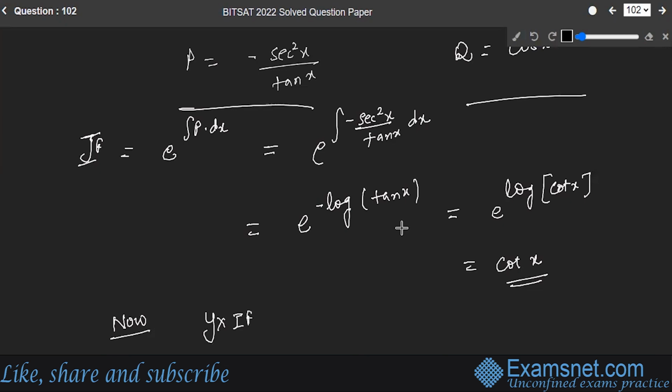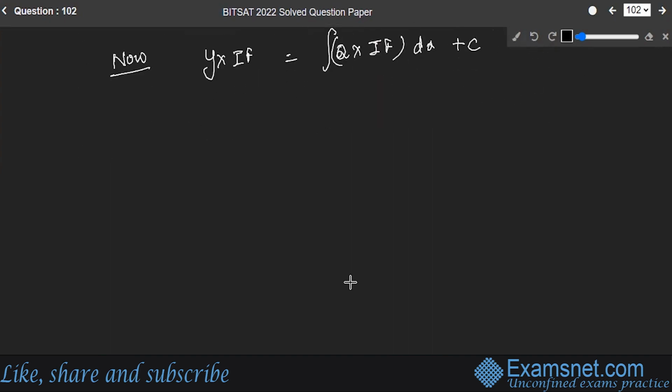Now, y into integrating factor is integral of q into integrating factor dx plus c. So you will have y into cotangent x is equal to integral of cos x into cotangent x dx plus c.